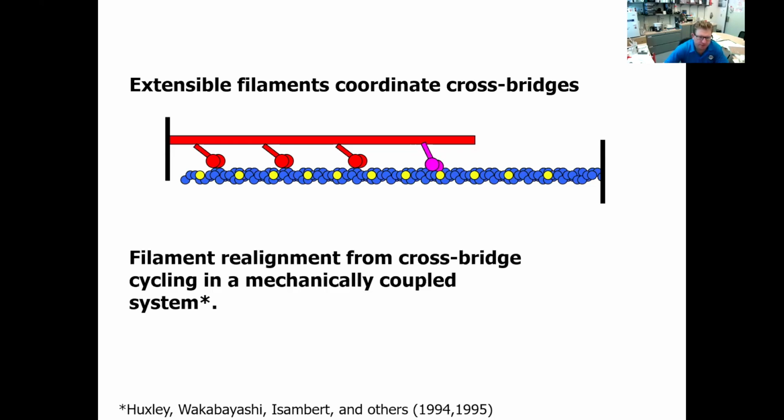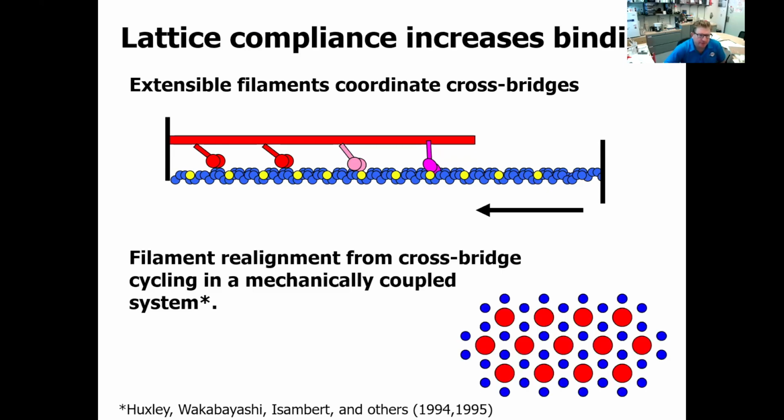As an example, this cross-bridge binds, and then as it goes through its power stroke, it moves the thin filament relative to the thick filament, and that leads to more favorable realignment and more favorable binding of the next nearest cross-bridge head, perhaps. So you see that that favors binding with better realignment between the pink head and the yellow binding site. And that was for two filaments, what I just showed you.